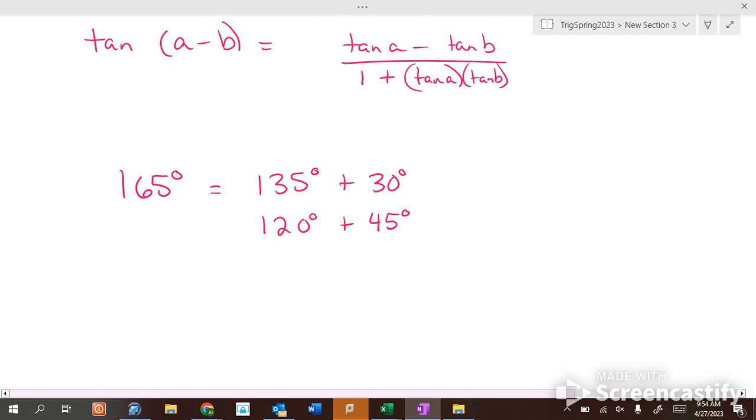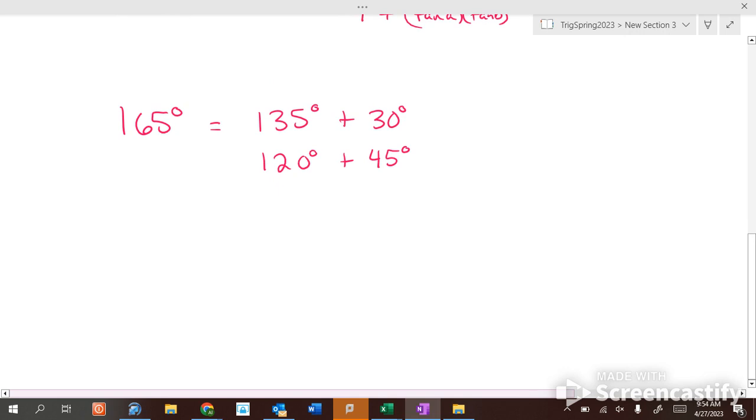When we work with radians, not so simple, such as 5 pi over 12. What equals 5 pi over 12? That's a little difficult, isn't it?